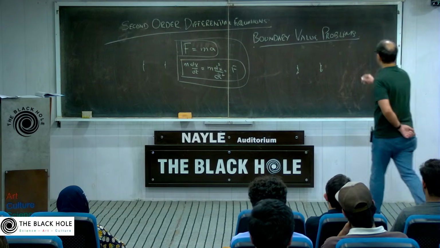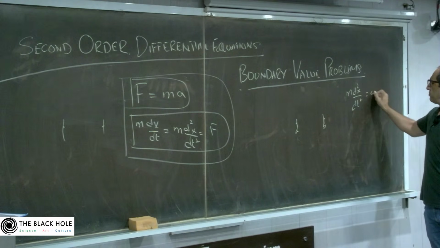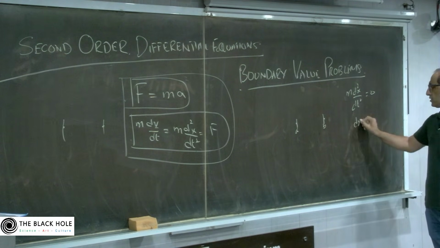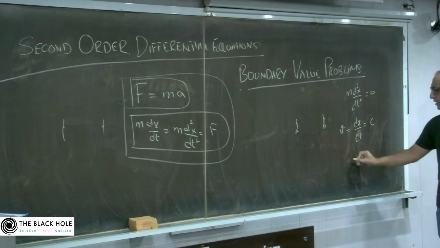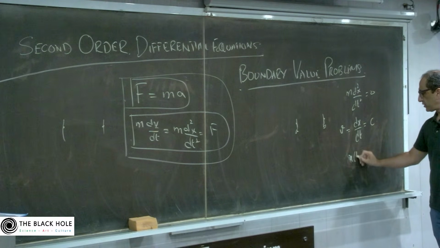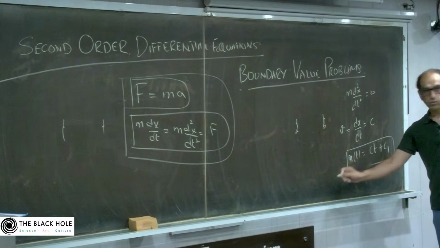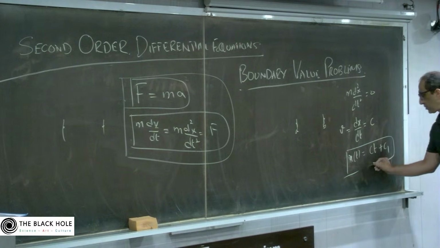If I write m d2x over dt squared equal to zero, you have to integrate it twice. First you integrate it, you will have dx over dt, which is the velocity, equal to c, and in the next case you will have x of t is equal to c t plus c1, and that is how you know that in the absence of force the particle will move in a straight line.